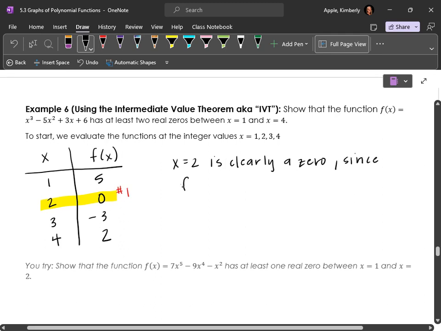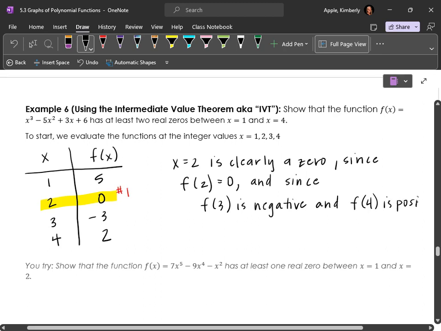Since f of 2 is equal to 0, and since f of 3 is negative, and f of 4 is positive, there must be a 0 between x equals 3 and x equals 4.